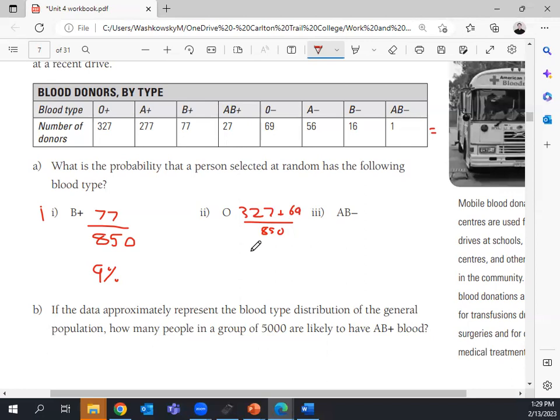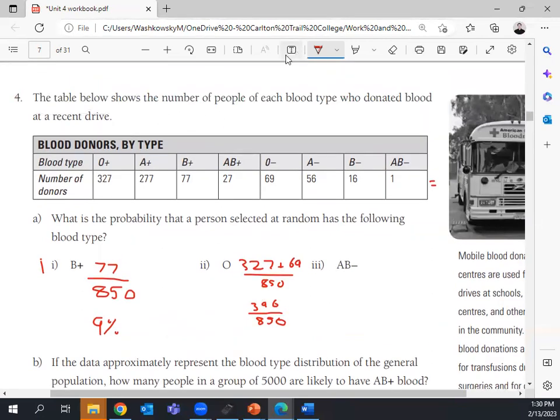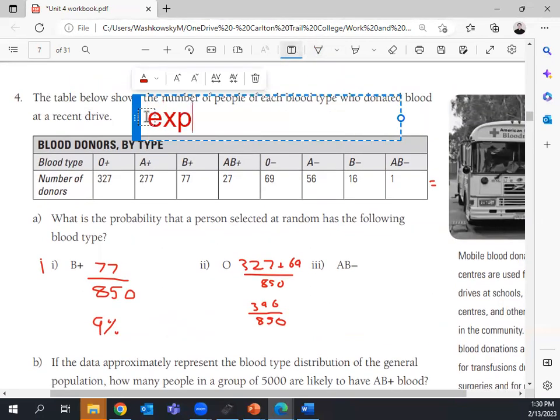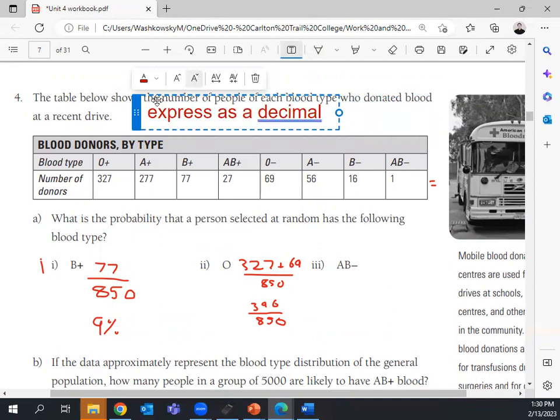You add that up, you should get 396 over 850, which again, you can express. Can we simplify it? Sure, why not? If you simplify that, you get 198 over 425. Again, it does not specify, it's not saying express as a decimal or anything like that. You can express it however you'd like.